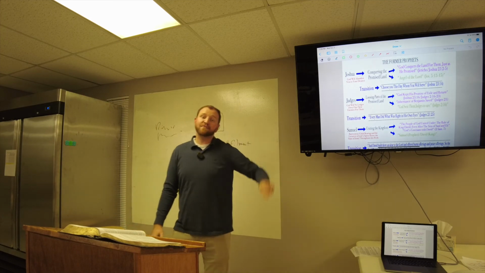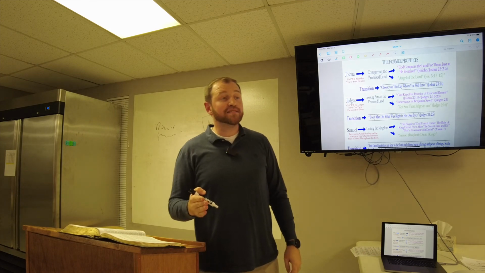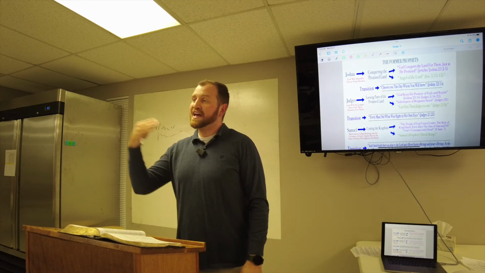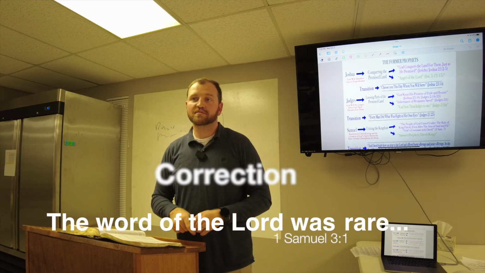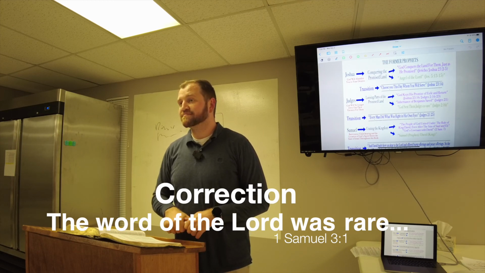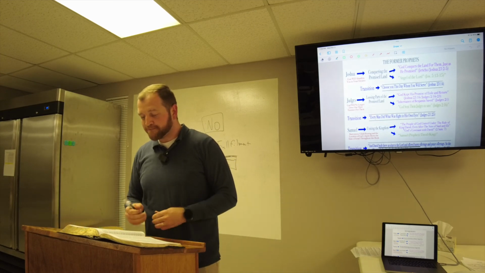Interestingly enough, with Samuel, when Samuel is being trained by Eli, do you know what it said about when Samuel's fully trained? What God had not done since the time of Joshua? He had not spoken to them. Read with me in 1 Samuel chapter 3 and verse 19.